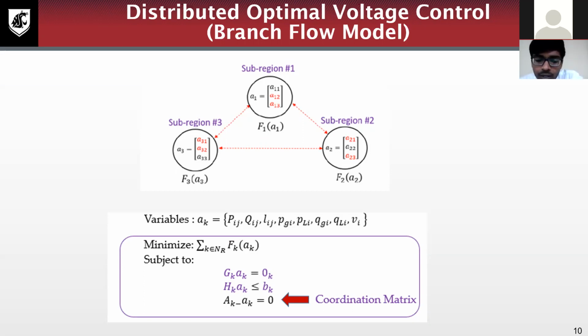You have to use relaxations or approximations to make the original ACOPF problem a convex problem. Then you divide the whole power system network into certain subregions and represent objectives as well as all the equations into subregion based objectives and equations, and use any algorithm to solve the whole problem.